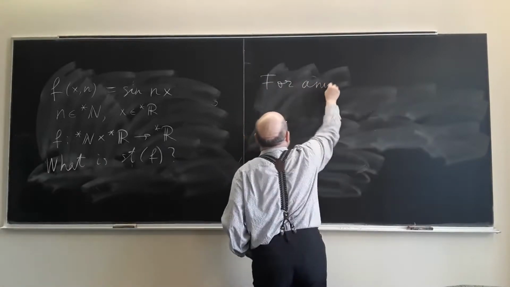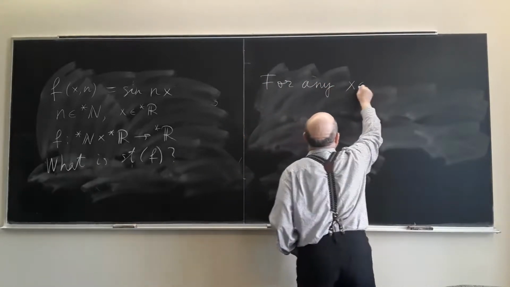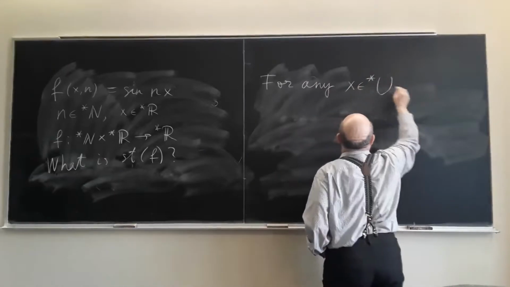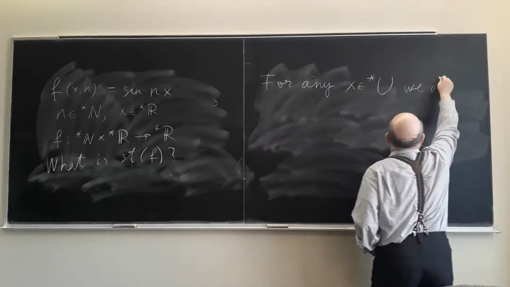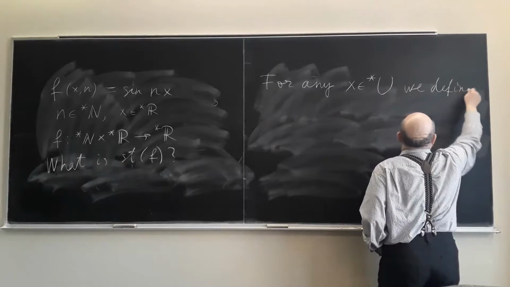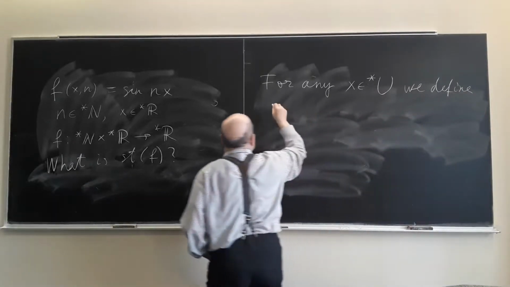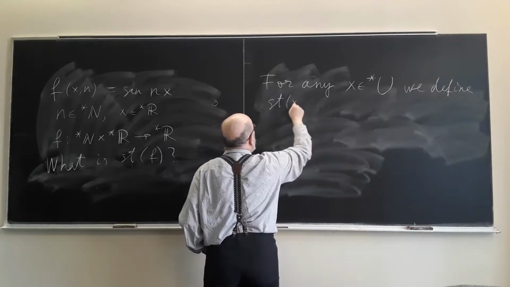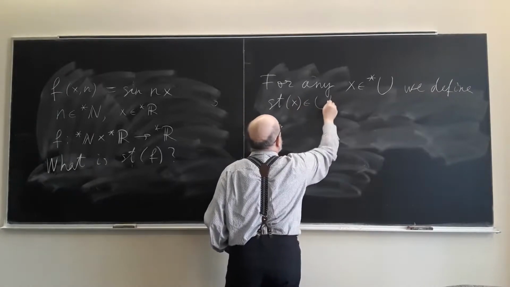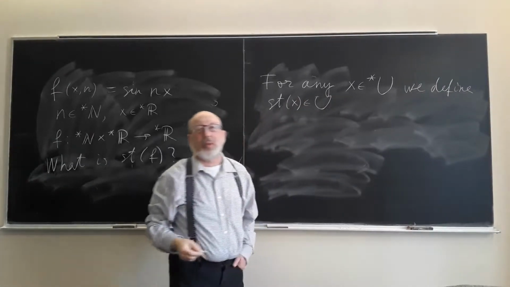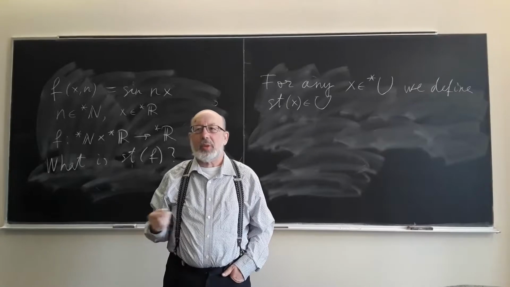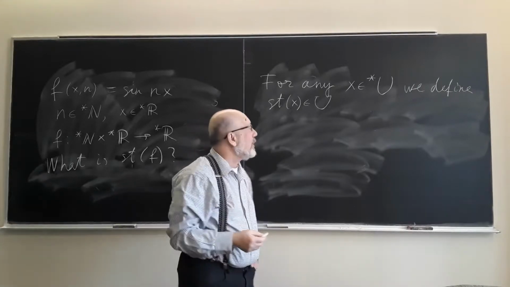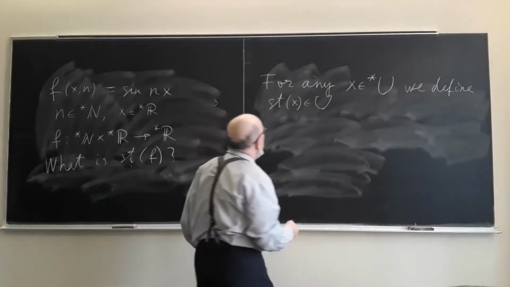For any x in star U, we define the standard part of x, which is an element of U, of our standard universe. This is what I am going to do. So what is standard U?